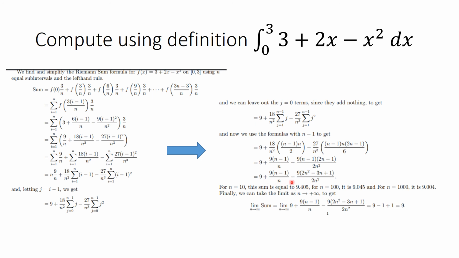Okay, so 9 plus 9 minus 9 ends up being 9. And so that is our answer. We'll continue this in 31.